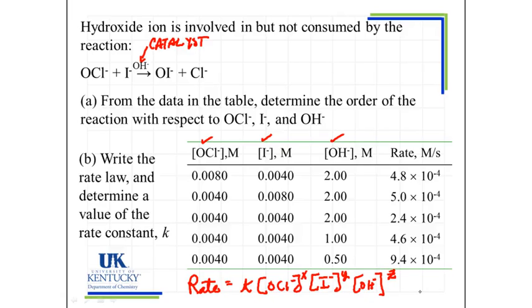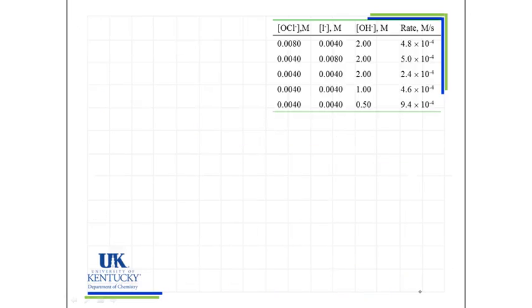So we can determine that. Part A is asking me to determine the order, in other words, x, y, and z for this. So we're going to follow a similar procedure, but it's a little bit more complicated. x was the power for OCl minus, y was for I minus, and z was for OH minus.